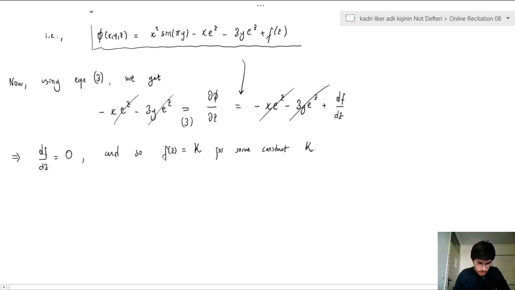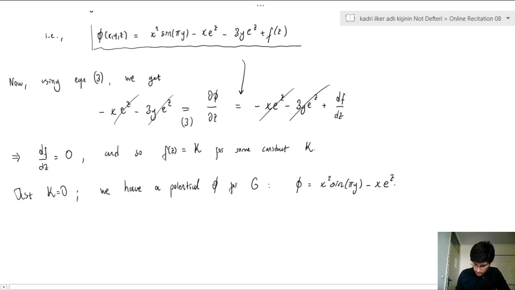And remember, we can take this constant k to be 0, then we obtain a potential phi for the vector field G. So phi turns out to be x squared sine pi y minus x e to the z minus 3y e to the z, and f of z is 0. And that's all. This is phi.